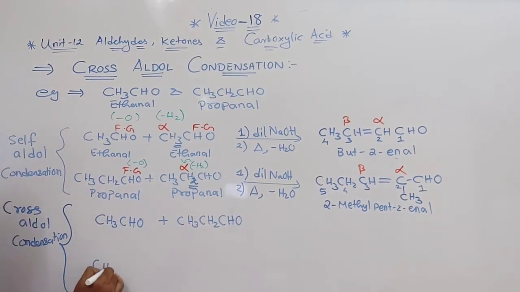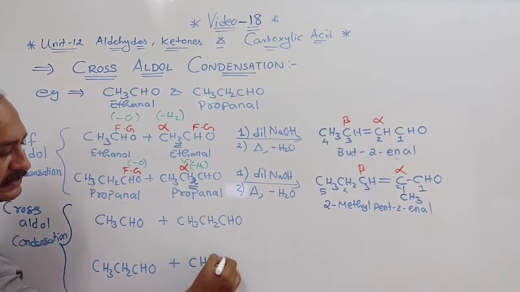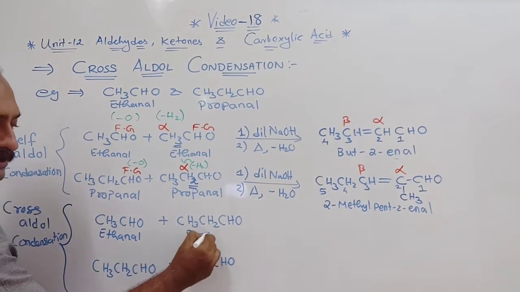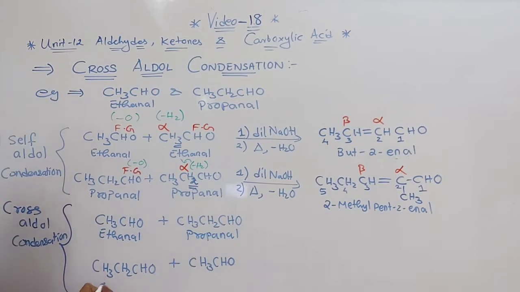In the second case I will take first CH3CH2CHO, that is propanal, and then ethanal, that is CH3CHO. So both I have changed. This is ethanal and this is propanal.